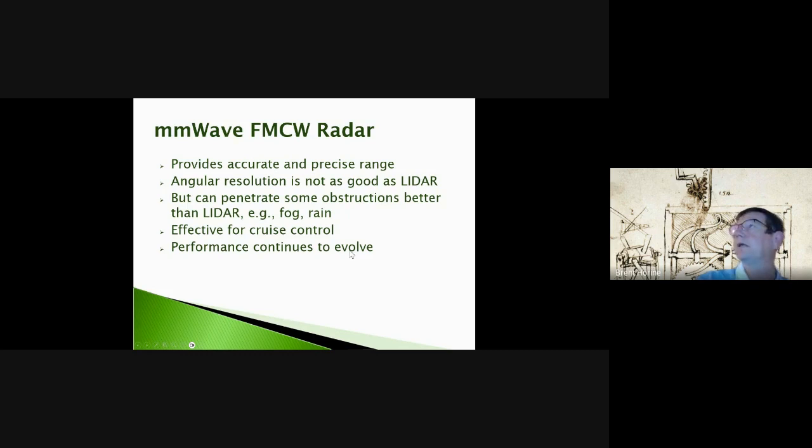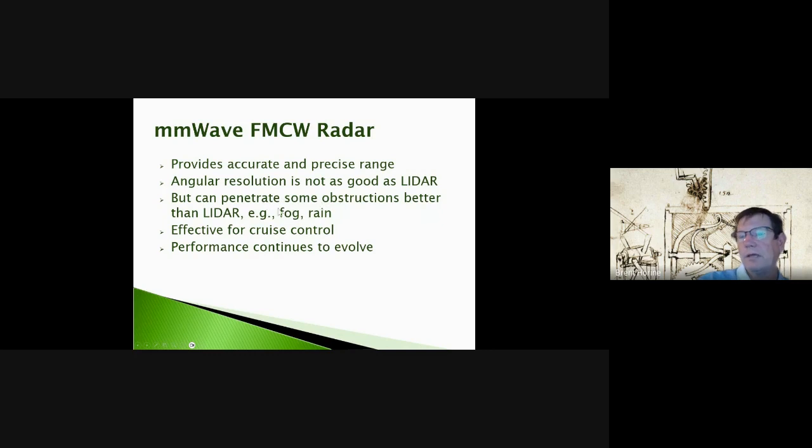I did upload a link to a video from TI, Texas Instruments, who's a big manufacturer of these, that talks about cascading multiple systems together to get some imaging. So there's some interesting stuff there. It does have the advantage that it penetrates some obstructions better than LiDAR, like fog and rain.